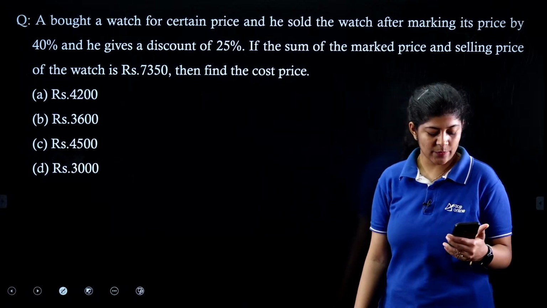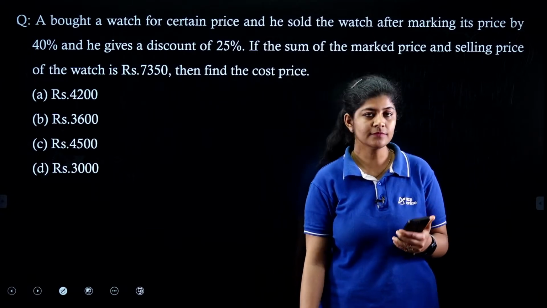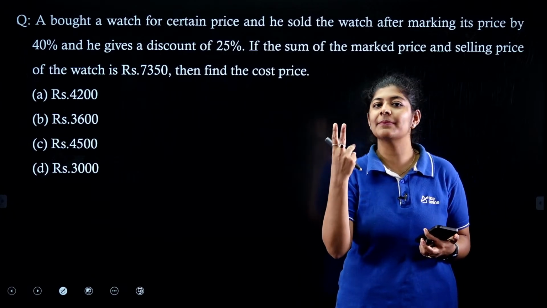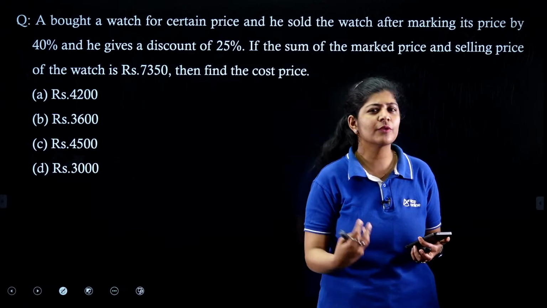So what cost price are we getting? Here you need to take care of three things: the cost price, the selling price and the marked price, or you can say the MRP.